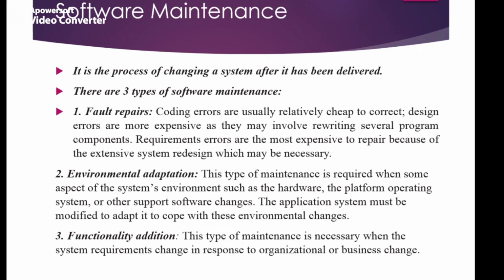Let us discuss software maintenance. What do you mean by software maintenance? It is the process of changing a system after it has been delivered. Once the system has been developed, the next stage is to deliver the system to the user so users can start using it.